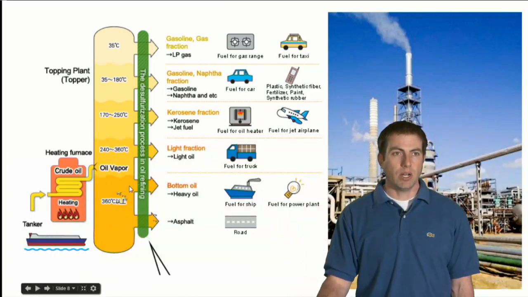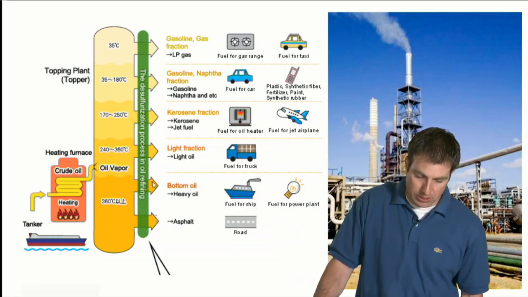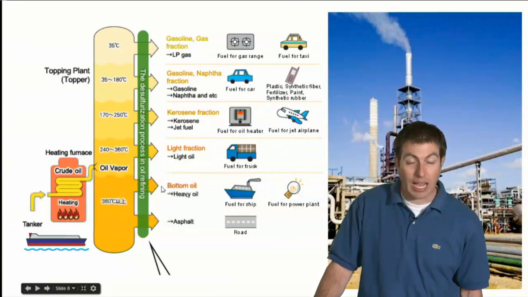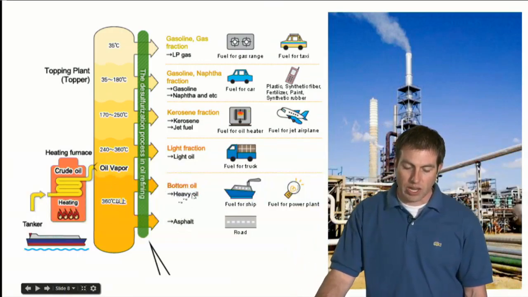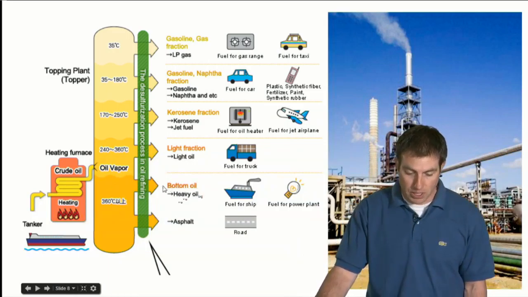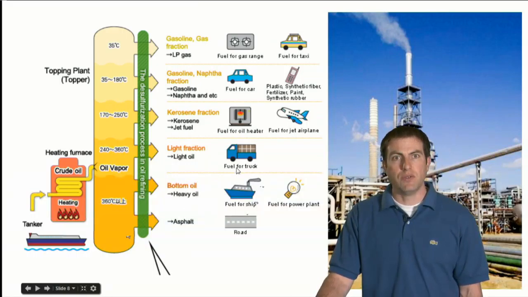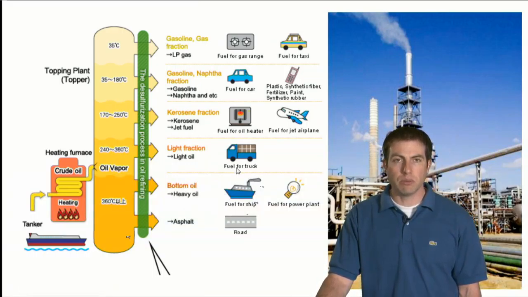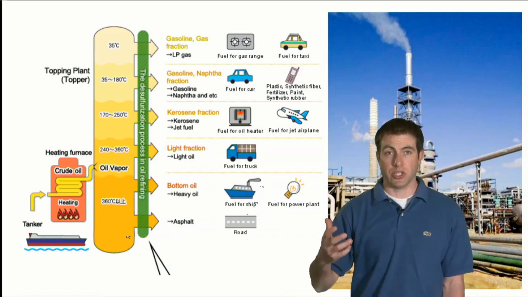If you get it a little bit hotter, or I shouldn't say hotter, but you pull a little bit higher out of this big tower, you end up with bottom oil or heavy oil, which is called bunker oil as well. And this is what big ships use. So they use very, very poorly refined oil, and it burns really dirty.